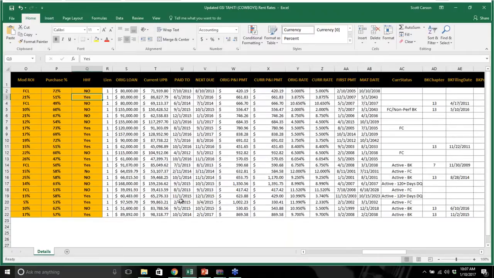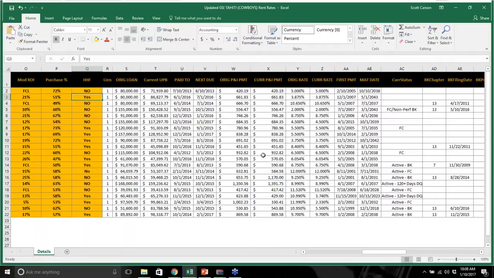Paid to: you see some of these guys have been paying, especially recently, some of these performing loans or mods. Paid due date, you can see the dates they paid to, and their next due. These numbers are as of November, so just because this says January 1st is late doesn't mean it's late. The original principal and interest payment, and the current P&I payment.